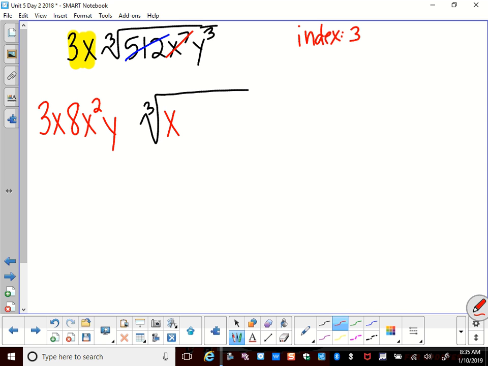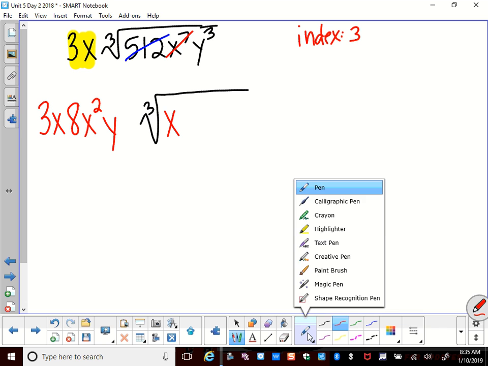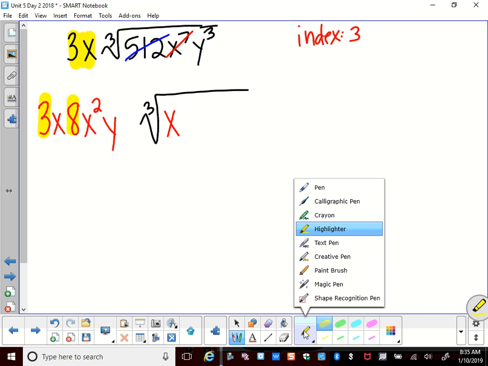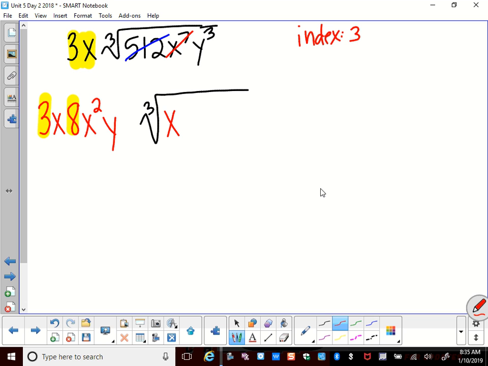This is not our final answer, only because whatever's on the outside, we need to look to see if we can combine it, okay? Just like terms. What I can combine is my numbers. So what's 3 times 8? 24. All I'm doing is just simplifying what's on the outside.